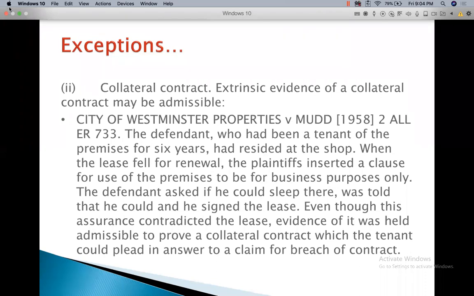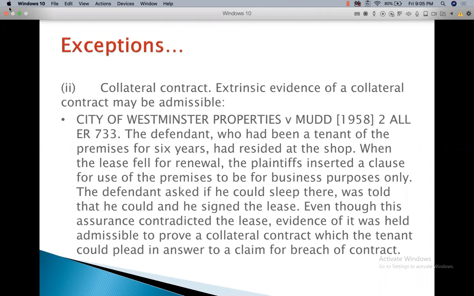When we say collateral contract, we are referring to the situation where you have a main contract and then you have a subsidiary contract. So the subsidiary contract, as it were, is the collateral contract. Maybe let us look at the case of City of Westminster Properties against Mad as an illustration of what we mean by collateral contract.